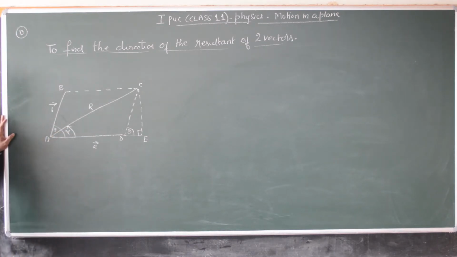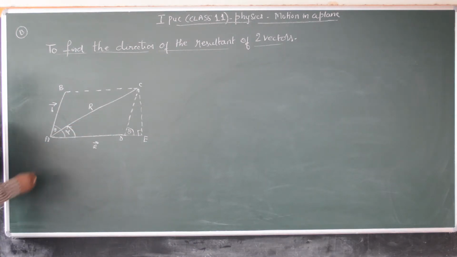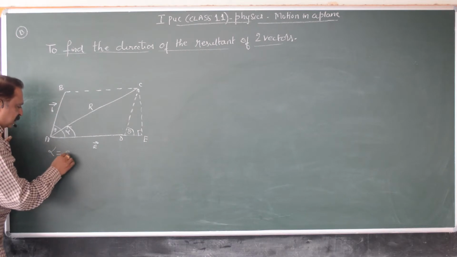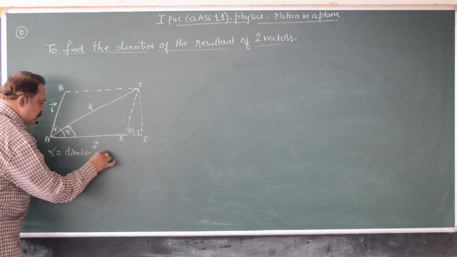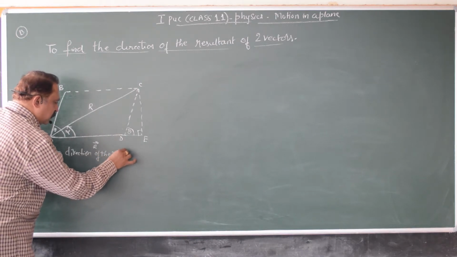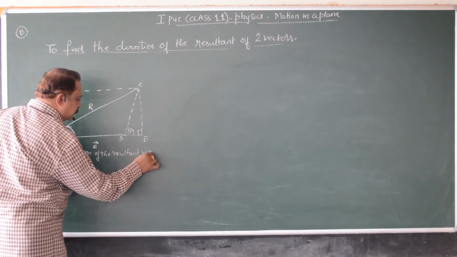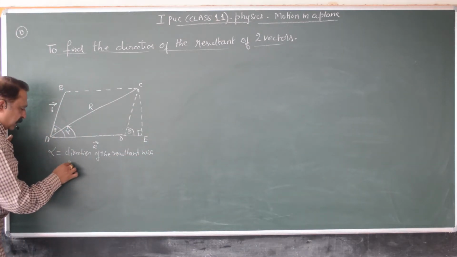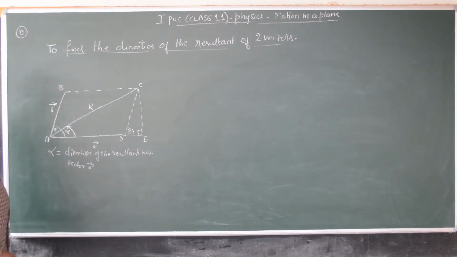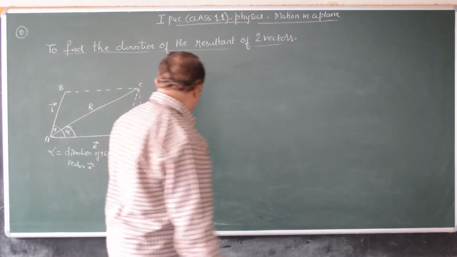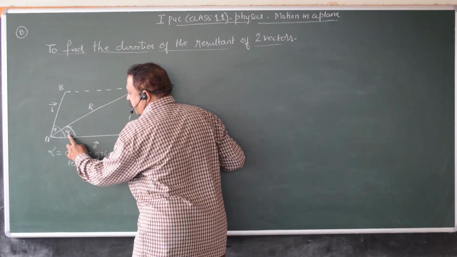Let the resultant R make an angle alpha with the vector A. Here angle alpha is called the direction of the resultant, with reference to vector A.